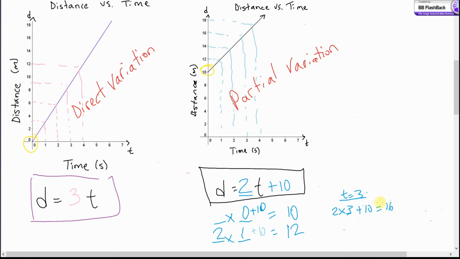So we think it should be 3, 16 according to this. Yes, it is. The point is 3 comma 16.